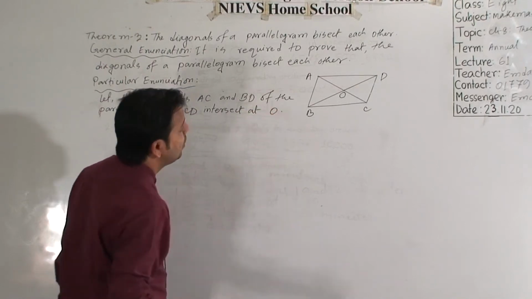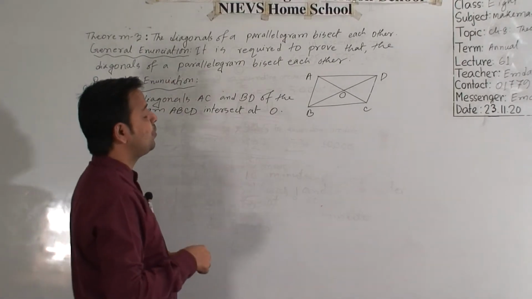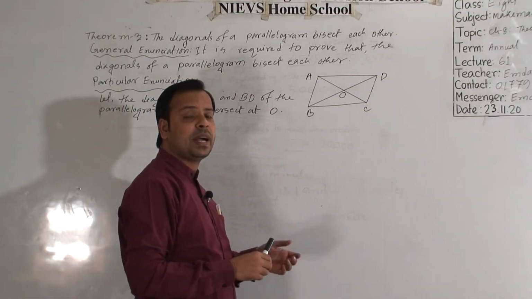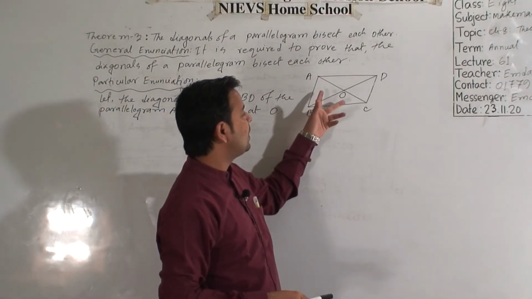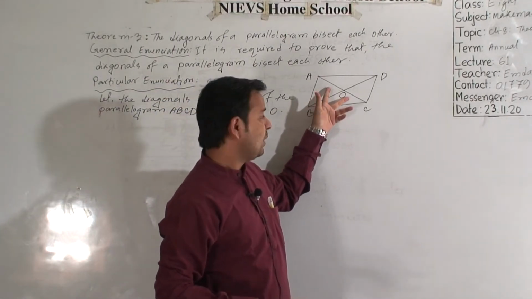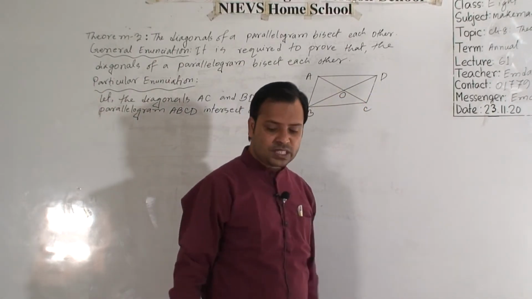So we can say it is required to prove that the diagonals bisect each other. It means that two parts of the diagonal AC will be equal and two parts of the diagonal BD will be also equal.